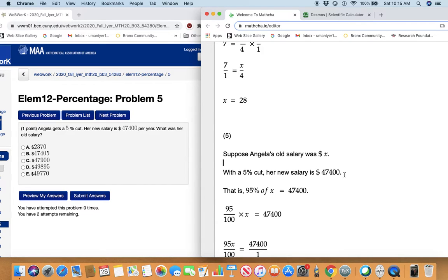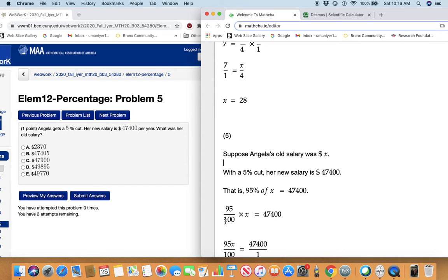Now, a 5% cut means she is presently getting 95%, because 5% out of 100% was cut away. So all she is left with is 95% of her old salary. That is her new salary. I hope you understand how I got 95%. From 100%, 5% is taken away, cut. So only 95% remained.